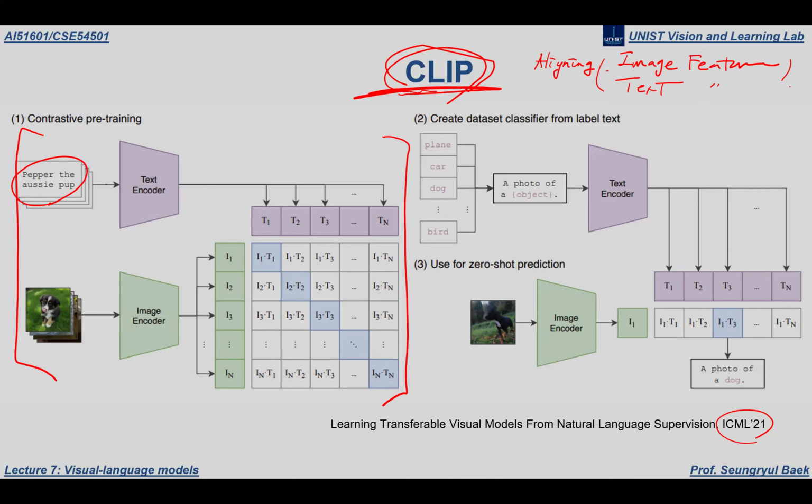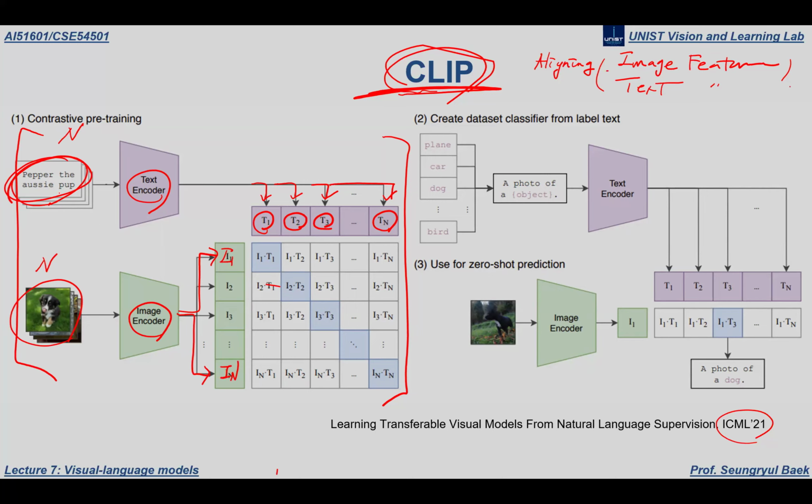In this figure, there is text, and here there is a text encoder. For n text inputs, we extract n text features. And these are n images, to which we apply an image encoder to extract n image features. Of course, these n text descriptions are originally aligned, describing these images.